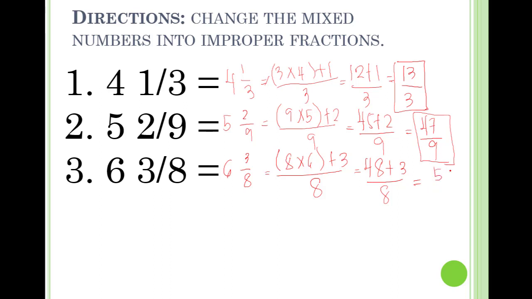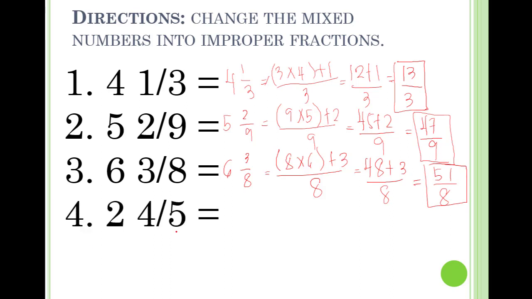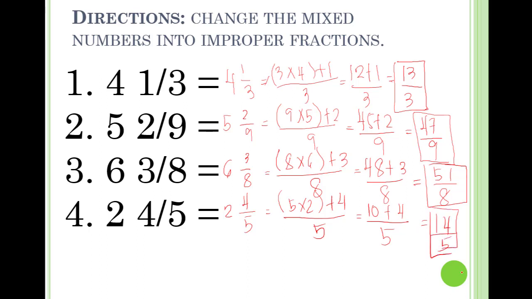That is now 51 over 8. Okay, next. Number 4. 2 and 4 over 5. Again, you have to multiply 5 times 2 plus 4, which is now over 5. 5 times 2, 10, plus 4 over 5, which is now 14 over 5.